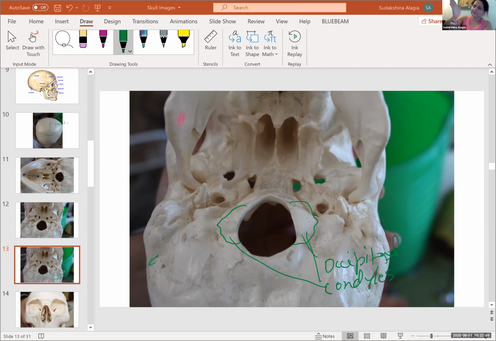The condyle itself is going to be a bulge, a protrusion, because this is what allows you to rotate. I'm rotating my hand like this. That's how the skull will rotate because of the two occipital condyles. Each occipital condyle fits into a somewhat flat, not exactly depression.